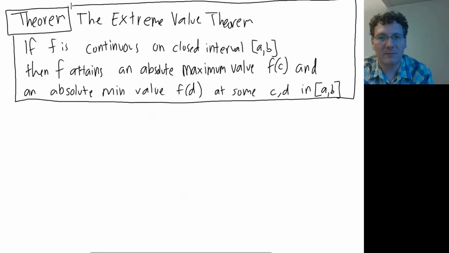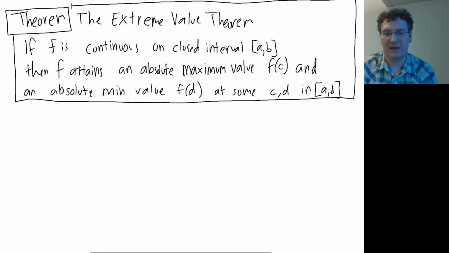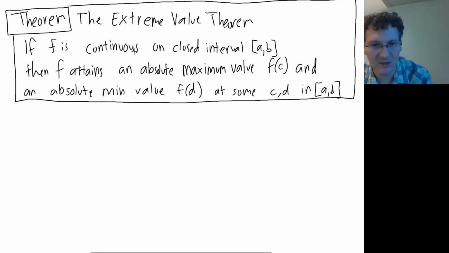So there's this theorem, if you're not looking at the entire domain of the function, but rather at a closed interval. As long as the function is continuous on a closed interval from a to b, then the function must attain an absolute maximum value f of c and an absolute minimum value f of d at some c and d on this interval.